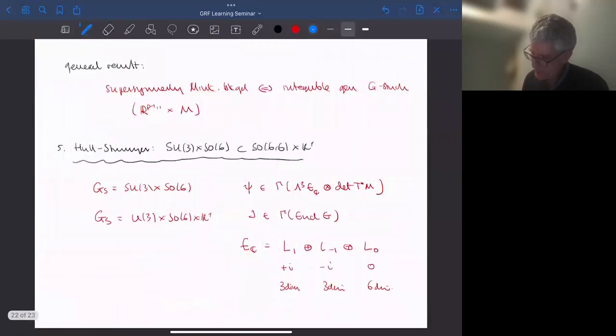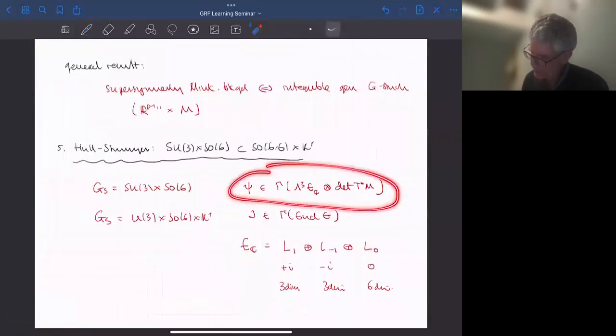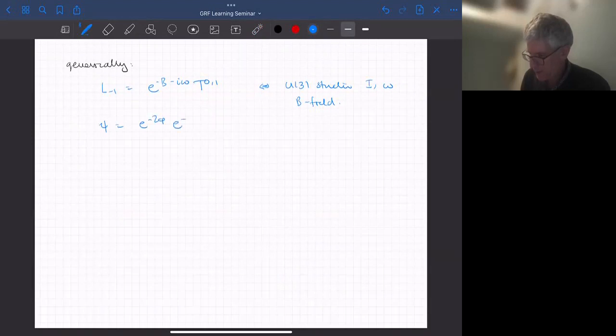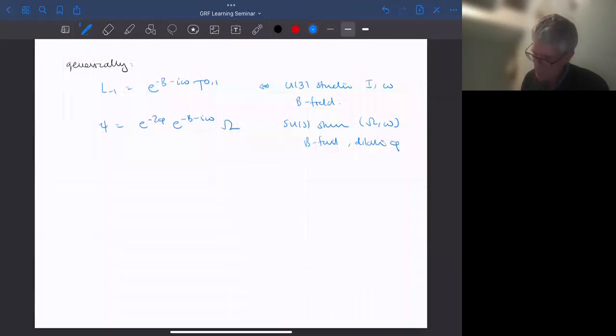Or if you're interested in this object, then you can write it generally as some e to the minus 2 phi, e to the minus B minus i omega, of some omega, where this is some SU(3) structure with a B field and a dilaton. And I'm thinking here of this wedge 3 E tensor the determinant bundle.